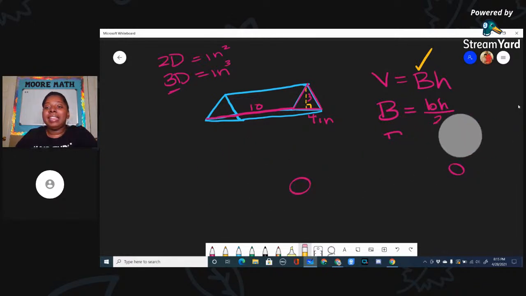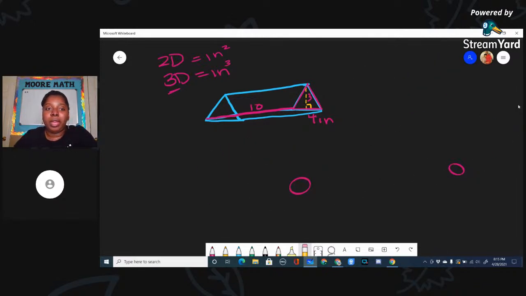Now, what did I mean by they like to confuse you? What they like to do here is add some of the sides, right? So they add in some sides because they want to know, do you really understand what the height is and what the base is?